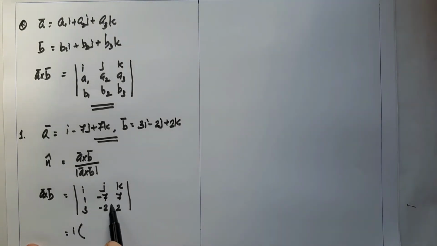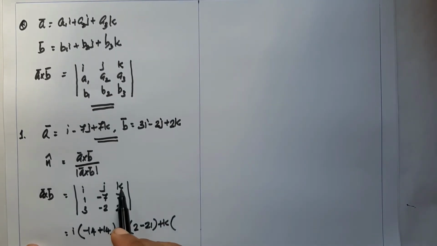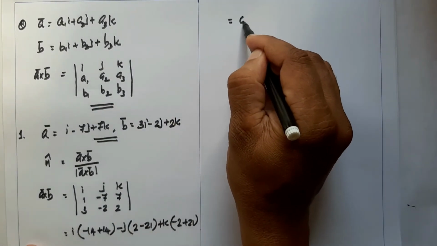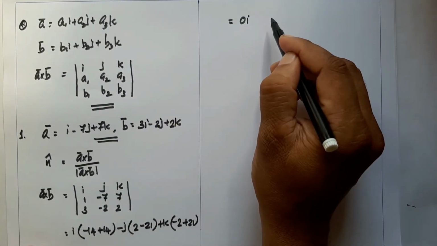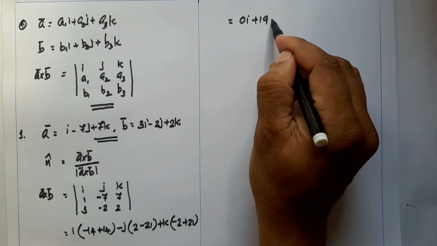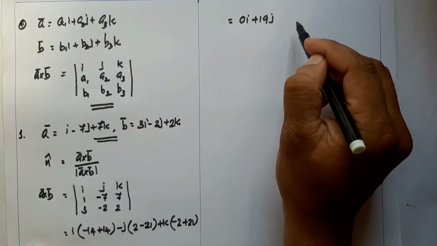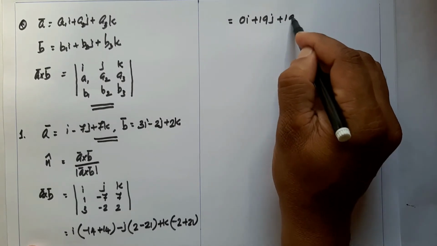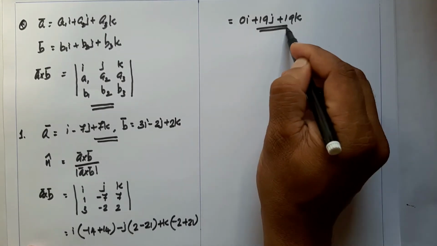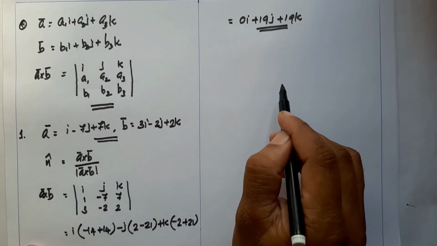This is equal to i into minus 14 plus 14, minus j into 2 minus 21, plus k into minus 2 plus 21, which is 0i. 2 minus 21 is minus 19, so minus minus 19j. 21 minus 2 is again 19k. Therefore A cross B is equal to 19j plus 19k.